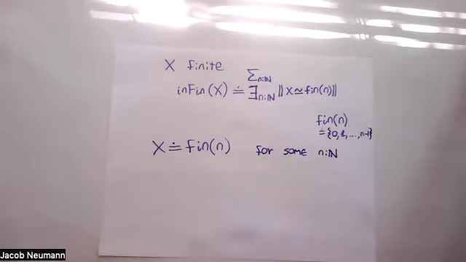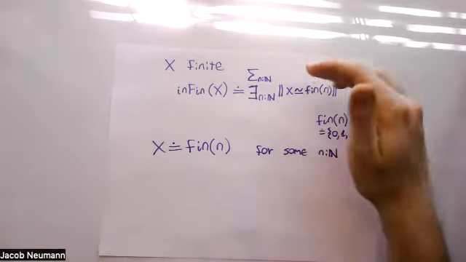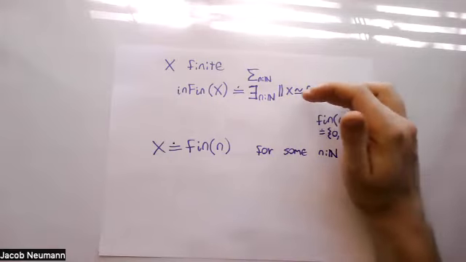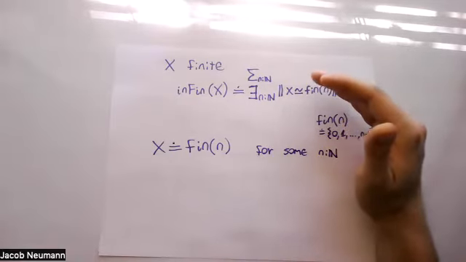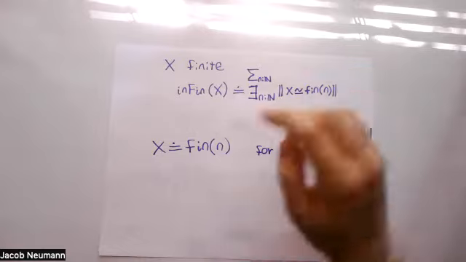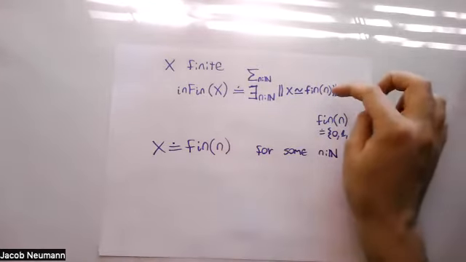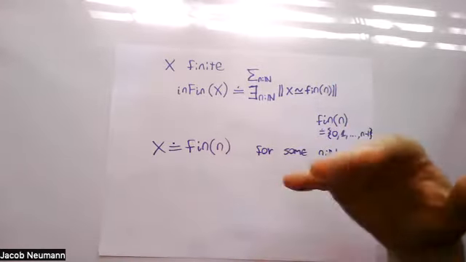So rather than just carrying around the assumption that X is finite and dancing around this equivalence, I'm just going to assume that X is this Fin n set and prove the result I want.